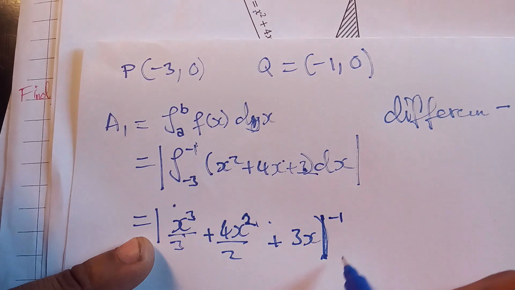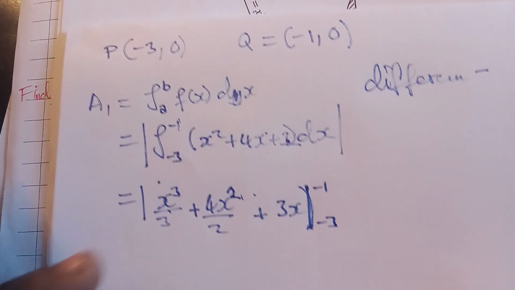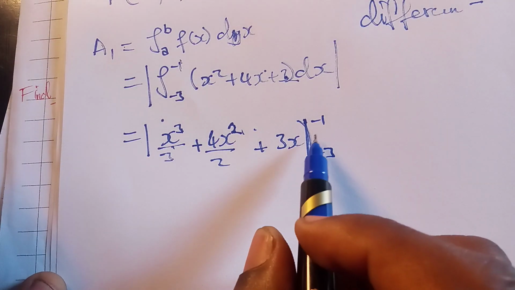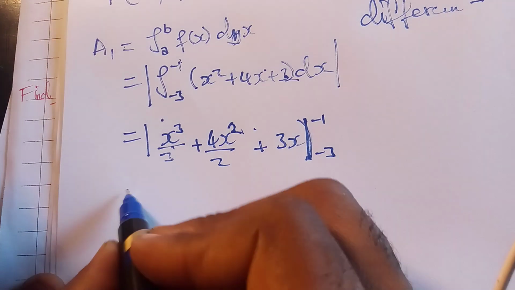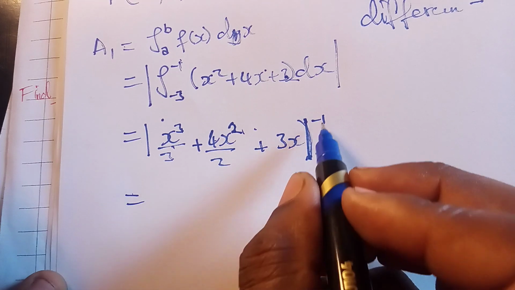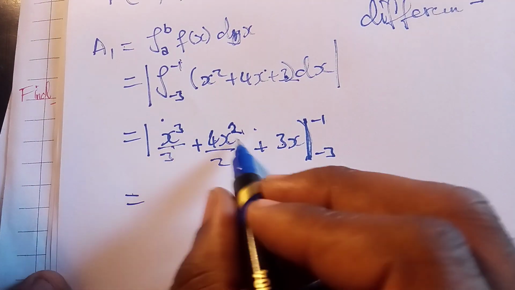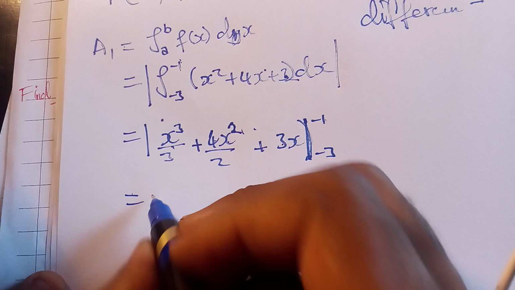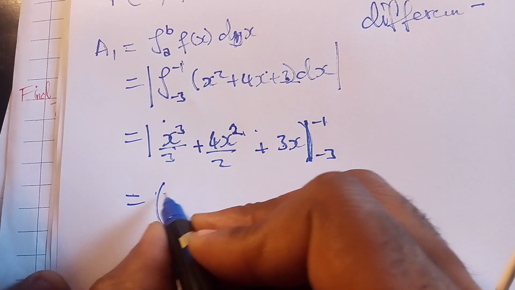And then you are integrating from here to there. So now to find the actual area, you can simply substitute the x variables with these values here. So this is -1.